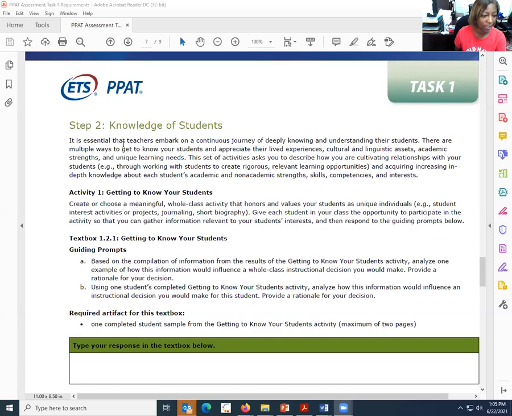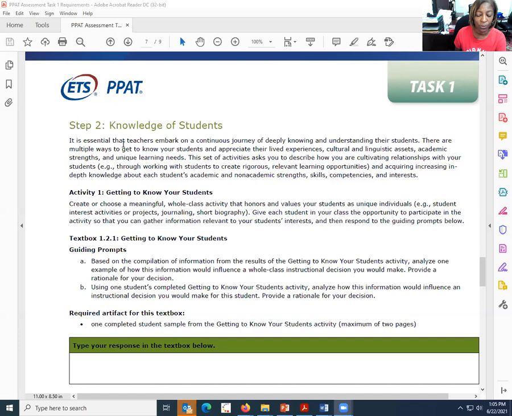Activity 1, getting to know your students. Create or choose a meaningful whole class activity that honors and values your students as unique individuals. For example, a student interest activity or projects. It could be a journal or it could be a short biography. That's your choice.